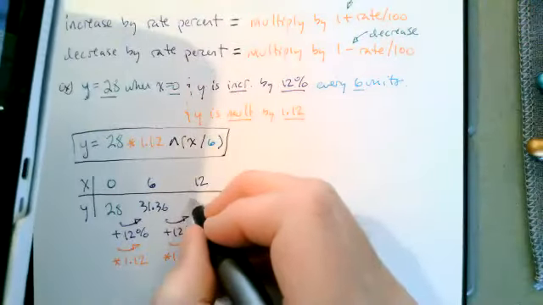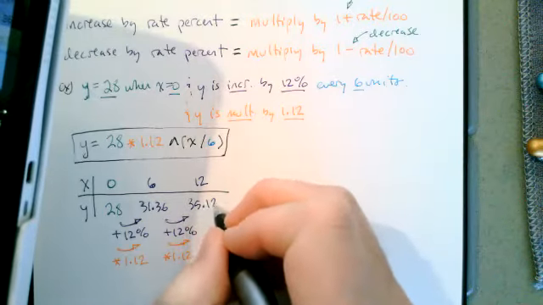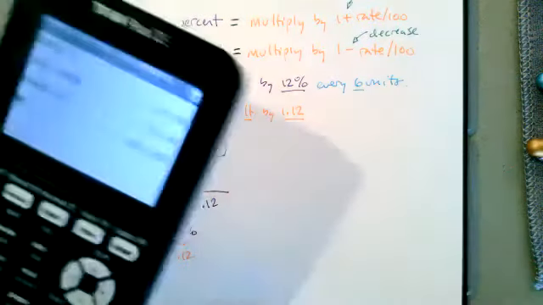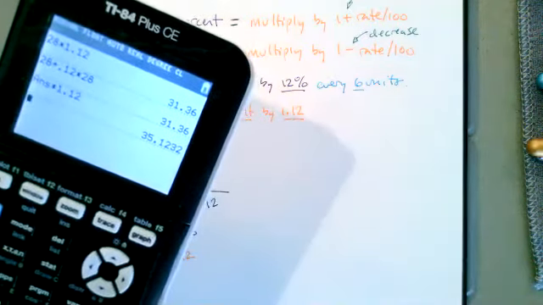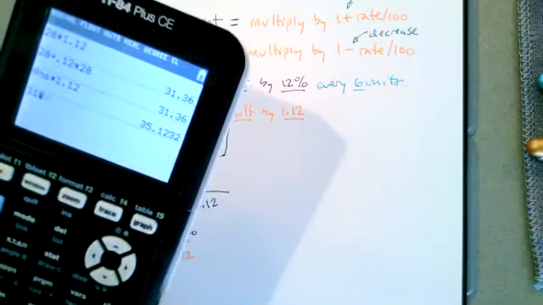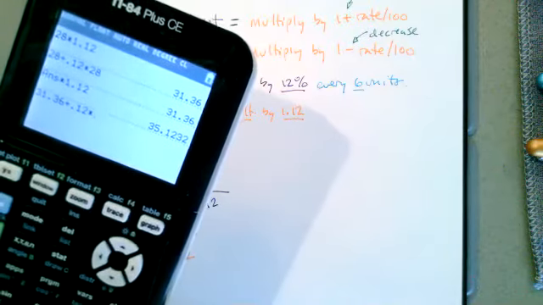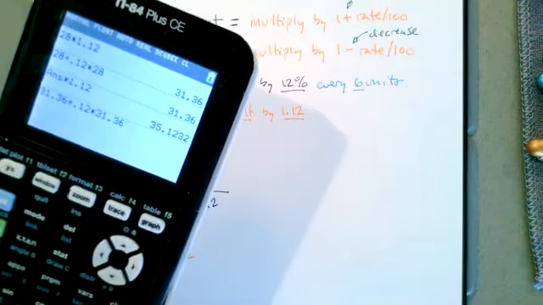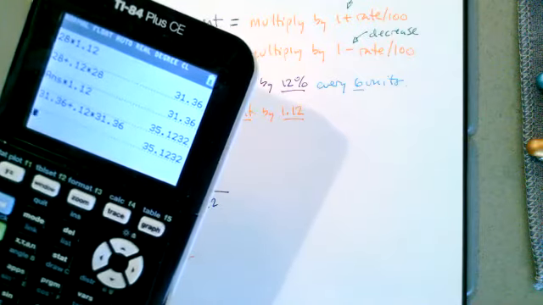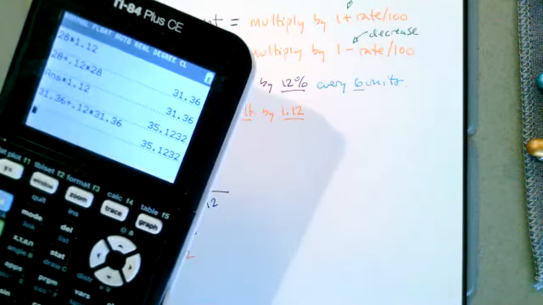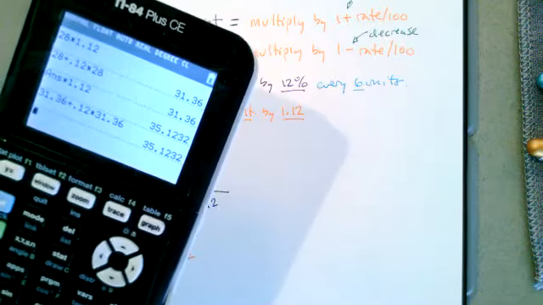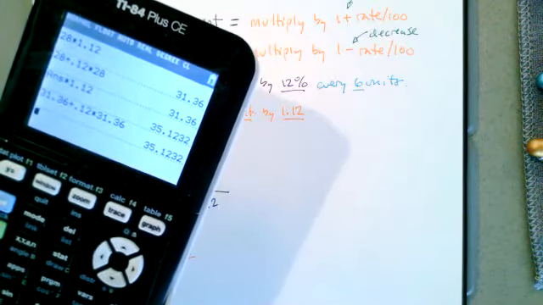We'll call it 35.12. This is the same thing that we would get if we took 31.36 and added 12% of 31.36. So adding a percent is the same as multiplying.